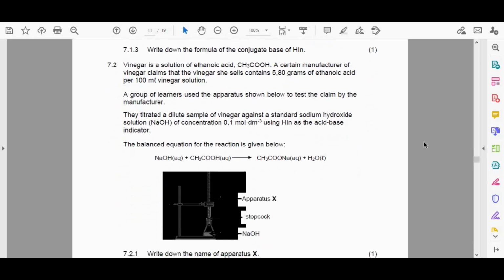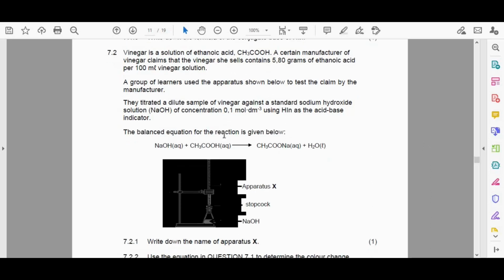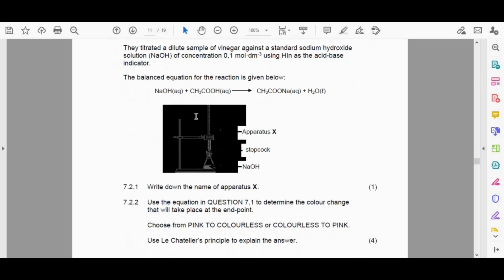They titrated a dilute sample of vinegar against a standard sodium hydroxide solution, NaOH, of concentration 0.1 mole per decimeter cubed, using the indicator as in the acid-base indicator, which looks like HIn. The balanced equation for the reaction is given by the following: NaOH aqueous plus ethanoic acid aqueous gives us CH3COONa plus water.